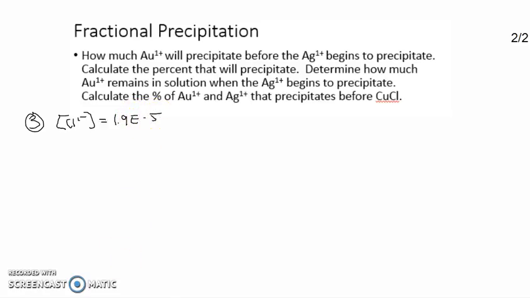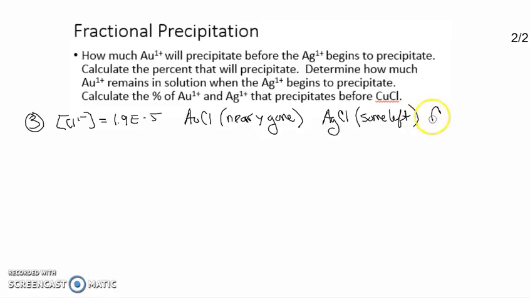So at this point, we know that the AuCl is practically gone. AgCl is really almost all the way gone as well. And the CuCl starts to fall out.